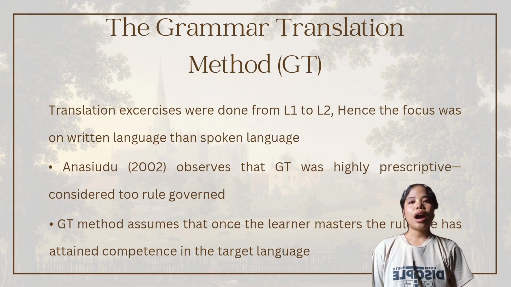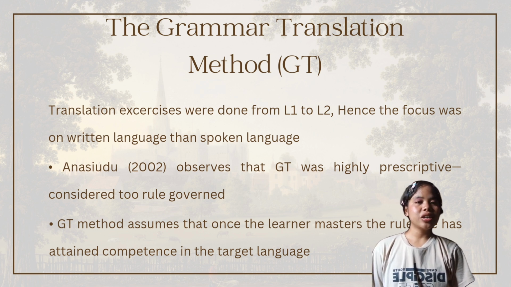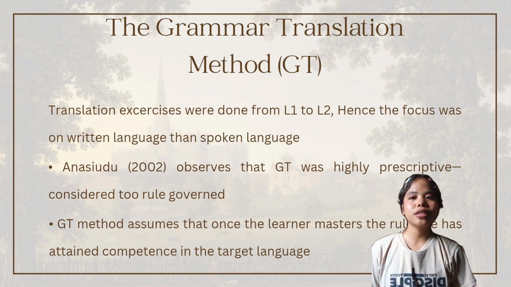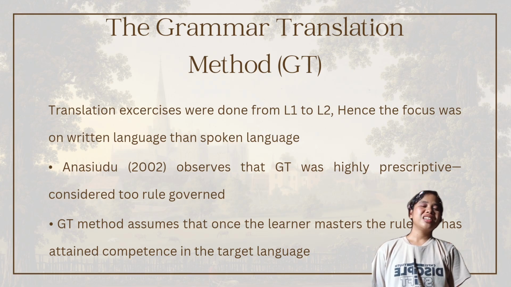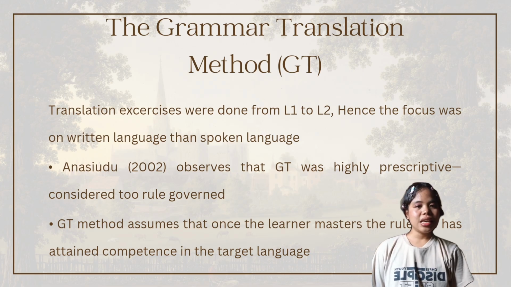According to Anna Sidiou in the year 2002, she observed that GT was highly prescriptive, meant to govern, or it has very strict rules, right? And of course, the GT method assumes that once the learner masters the rules, he has attained competence in the target language. So the concept of GT assumes that when someone learns the grammar rules, it means they have attained competence in the language itself.